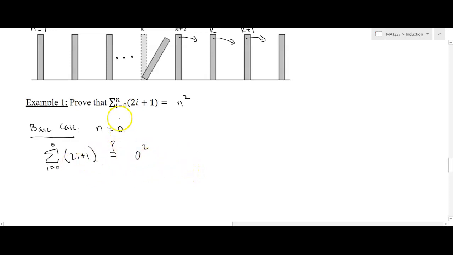So does the left side and the right side produce the same value? Well, we already know when i is 0, this is going to be 2 times 0 plus 1, and that's the only term in that sum because I'm stopping with i equals 0, and that comes out to 1 right there.